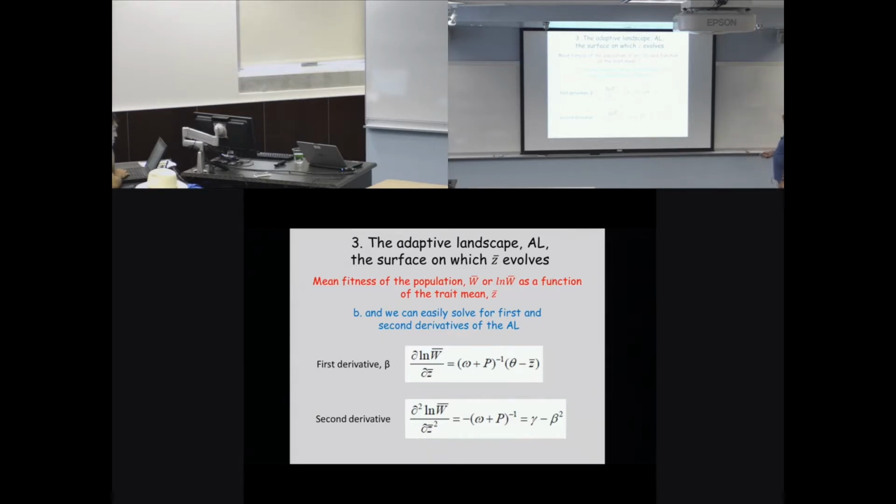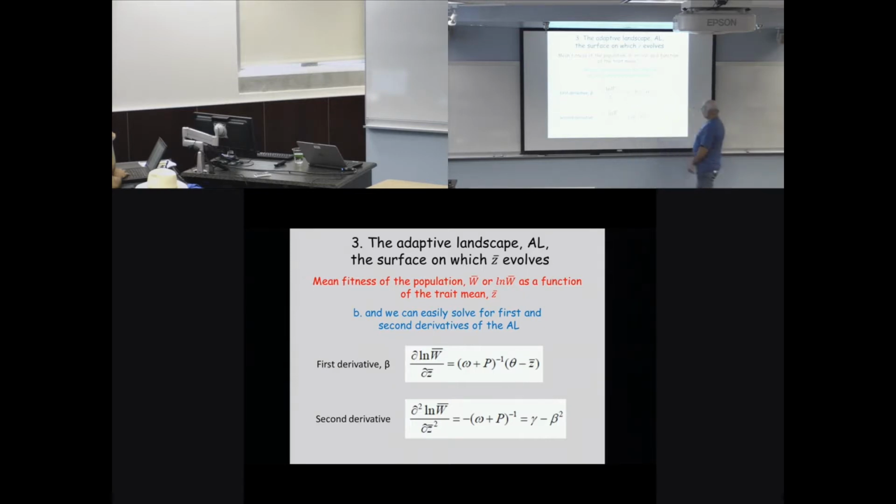Okay, the first derivative of this Gaussian adaptive landscape is this function. The first derivative is proportional to the deviation of the trait mean from the optimum divided by, in the univariate case, this omega plus P factor.